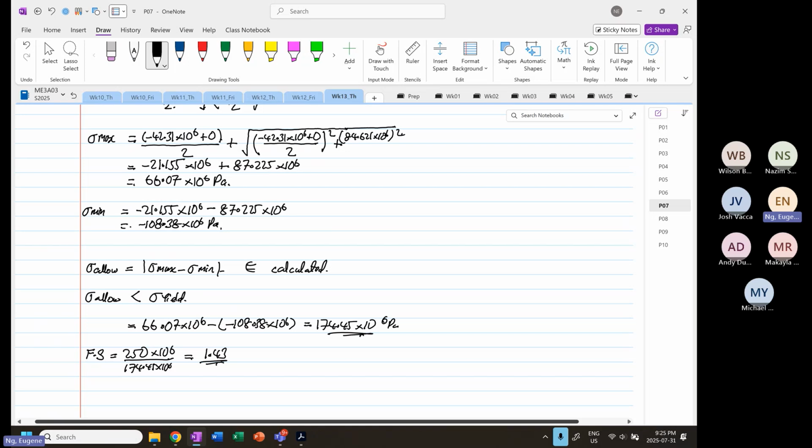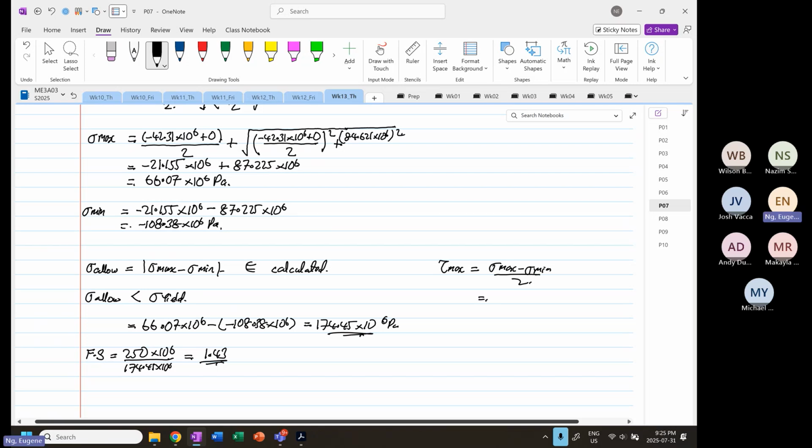Okay. Now, if we were to do this based on tau max, which is equal to stress max minus stress mean divided by 2, right?